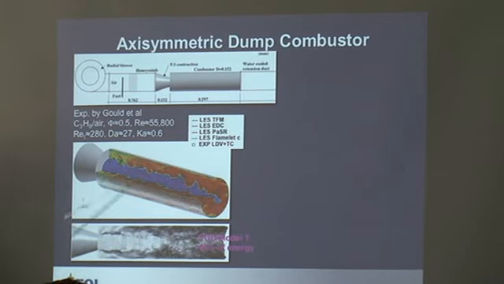This is a snapshot from the simulations. You can see that you have a cold, so to say, reactant-rich region that is persistent almost throughout the combustor. So mainly the combustion occurs in this regime here, and you have a hot region towards the walls.